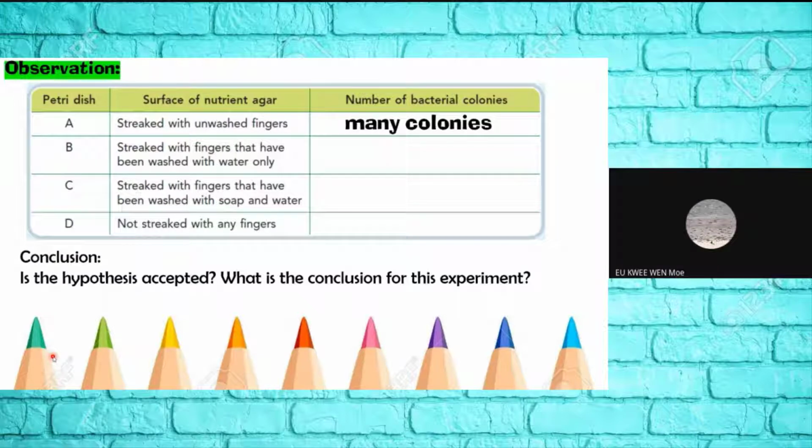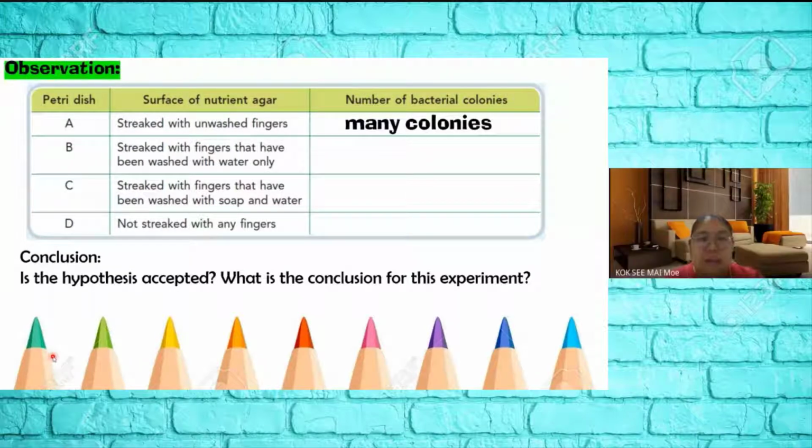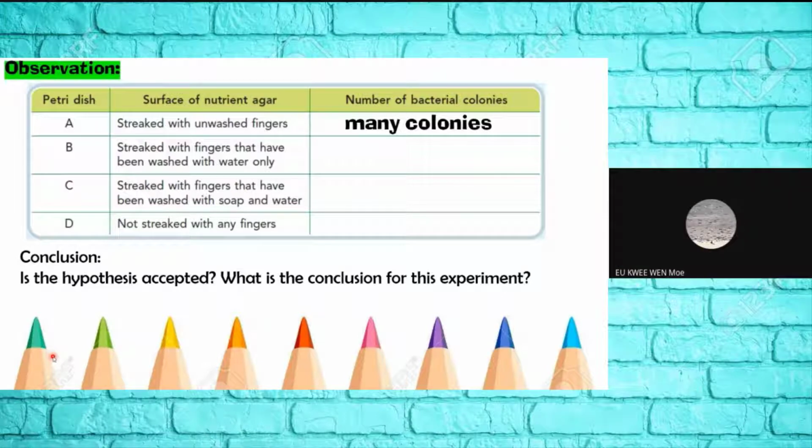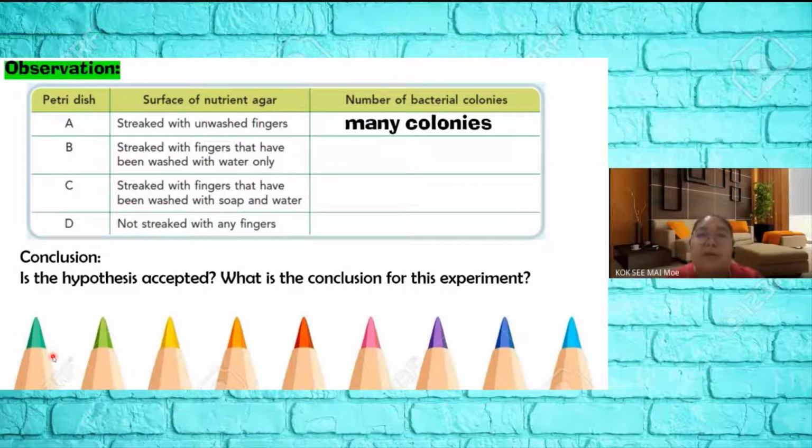Less. Less is B. A few and less, which one is more? A few is more. So you tell me, with water only and with soap and water, which one should be a few?